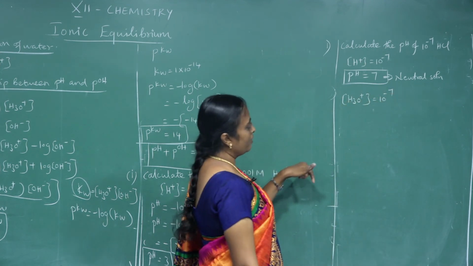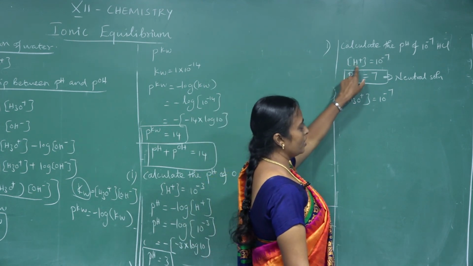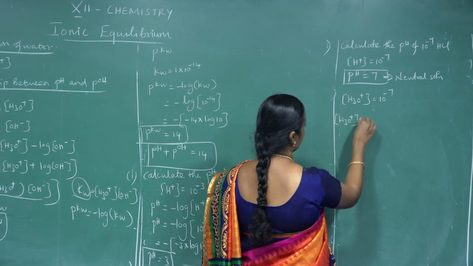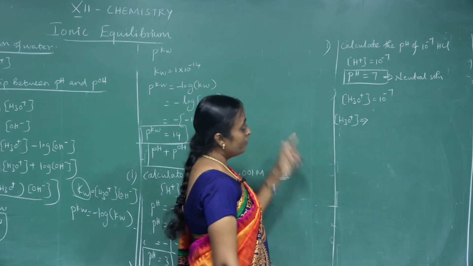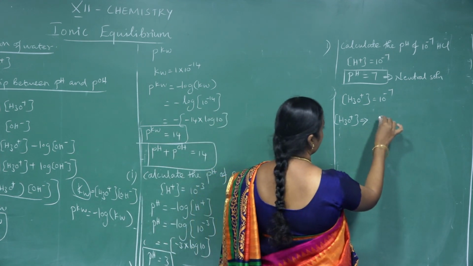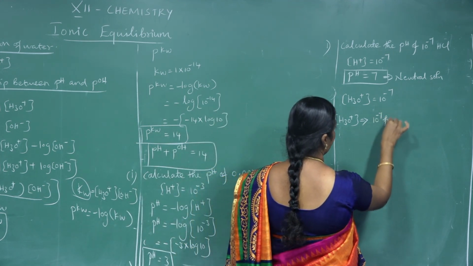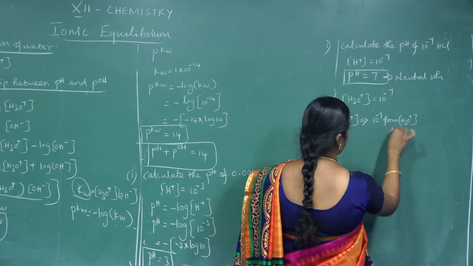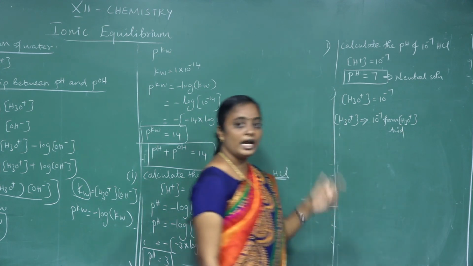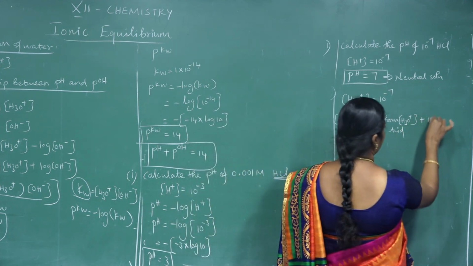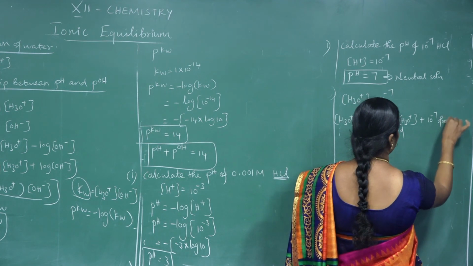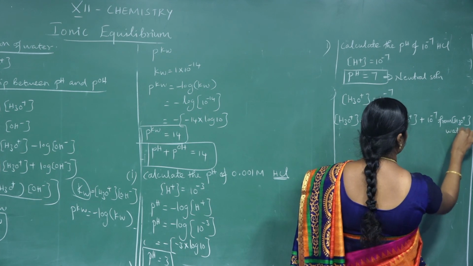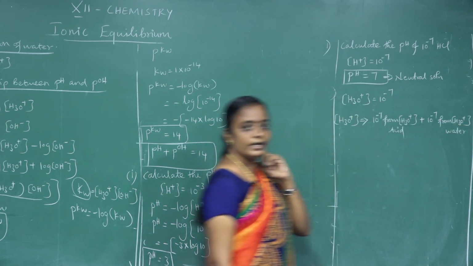So to calculate the concentration of hydronium ion, we have to take the concentration that is 10 power minus 7 from the acid. In addition to that, we have to add 10 power minus 7 from the hydronium ion from the water, which you are getting from the auto ionization.